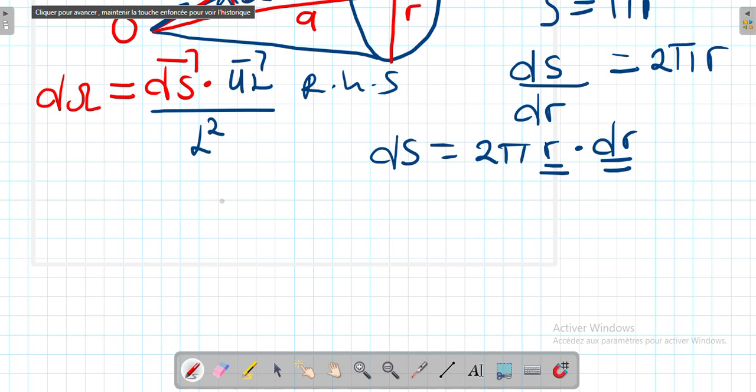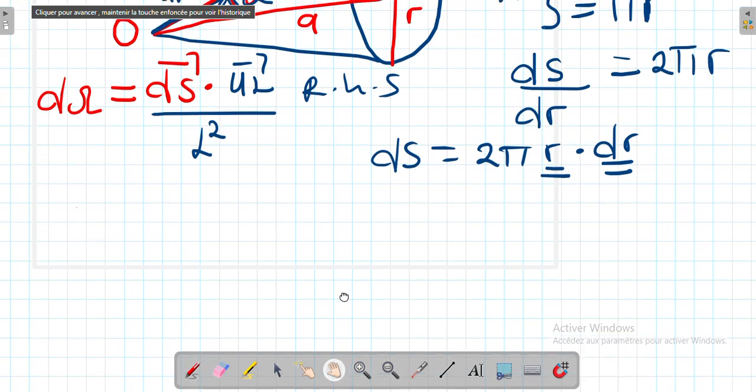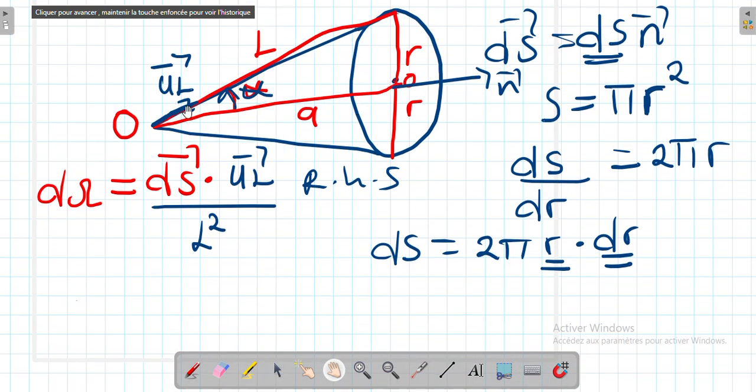Now to find the expression of the radius, you use this triangle. You have the radius here. So you're going to use tan. You can use sine, cos. You try which one will give you the radius as a function of alpha. But for me, I'm going to use tan.